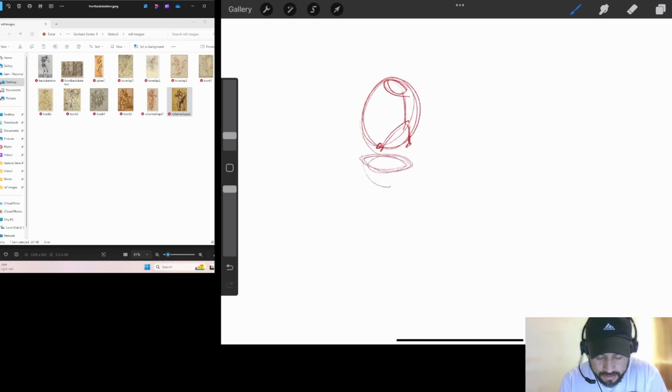I'll put in a pelvis. These are the iliac crests of the pubis. And they sort of line up like that with the rib cage, that 10th rib. In between, there's a belly button around there.